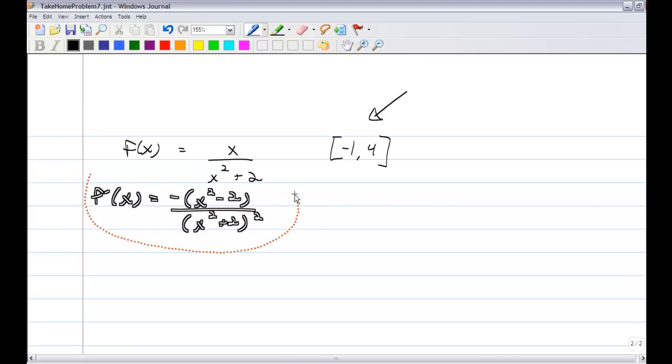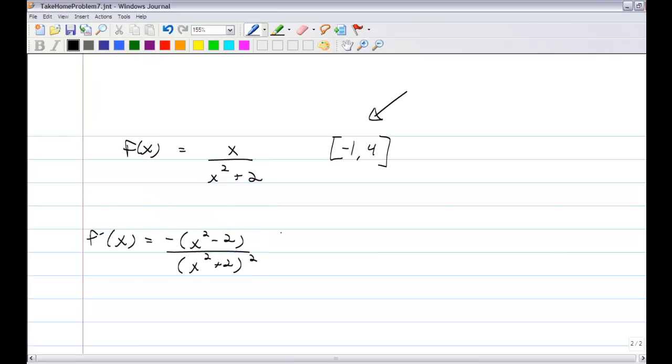So that's your derivative. You want to use the first derivative to justify relative extreme values. This function has a domain of everything. This lives at negative infinity to infinity.